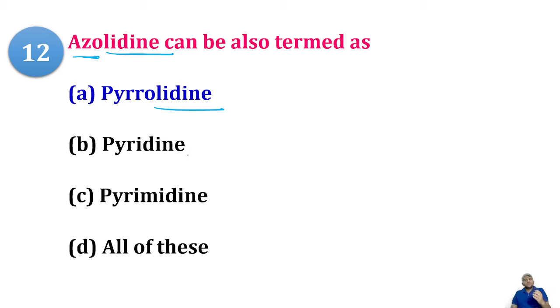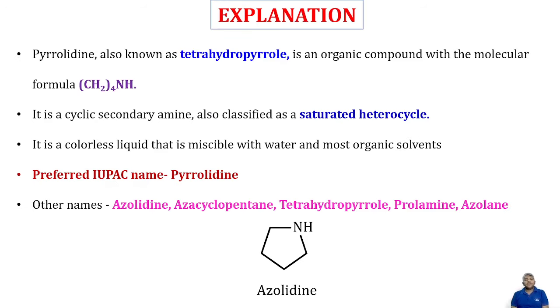For these questions you just have to use your basic skill and smartness in your examination, because smart study is very useful. So pyrrolidine, you know very well, is known as tetrahydropyrrole.